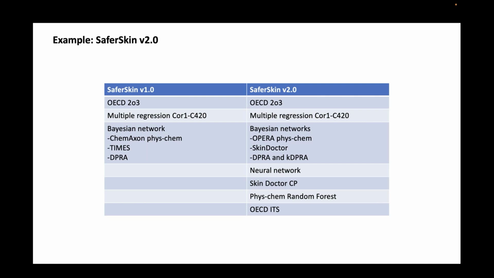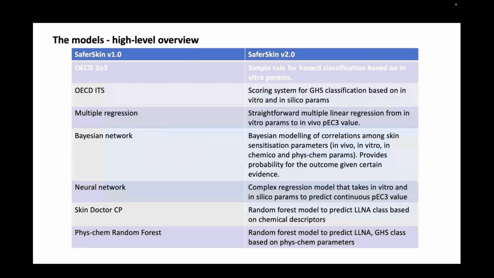So here are just a few words about each of these models. OECD 2 out of 3 is just a simple rule for hazard classification based on the in vitro parameters. Then OECD ITS is a simple scoring system that can give you GHS classification, again based on the in vitro and also in silico parameters.